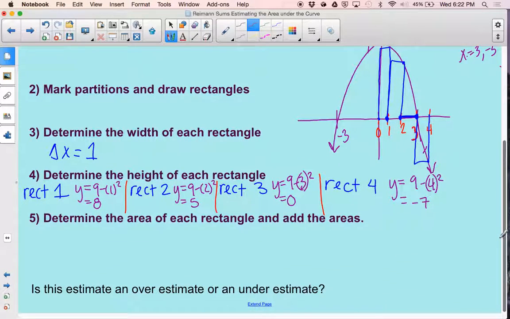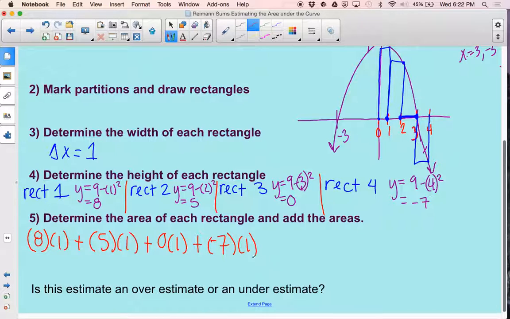Now determine the area. We're going to multiply length times width. So we've got 8 times 1 plus 5 times 1 plus 0 times 1 plus negative 7 times 1. That ends up equaling 8 plus 5 minus 7, so 6 units squared.